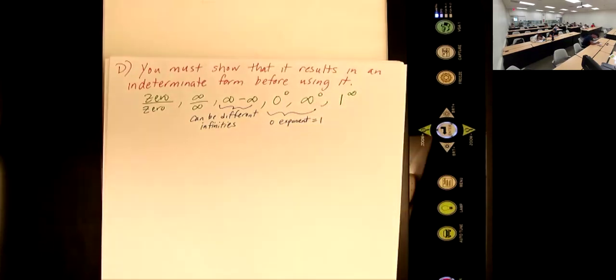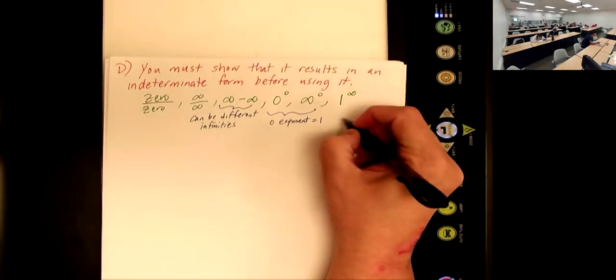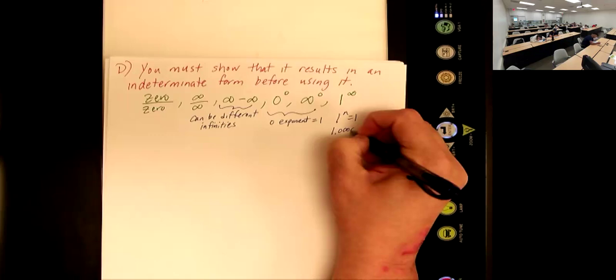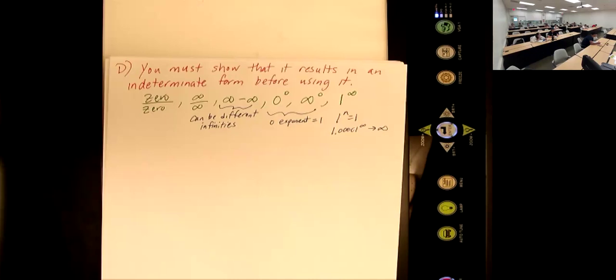So what's winning? Is the number going to 1 or is the number going to 0 or infinity? So there's a conflict there, which thing is winning, the base or the exponent? And this one, same idea. 1 to any power is 1, but 1.0001 to infinity is gonna blow up to infinity. So which is going faster, which is winning, the 1 or the infinity? There's several reasons to bring this up, but some of these don't show up very often.